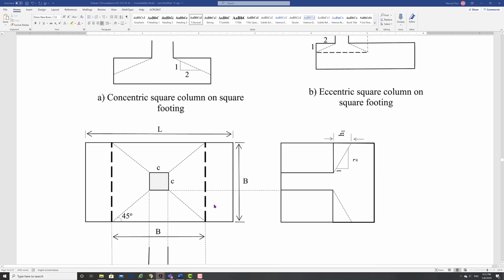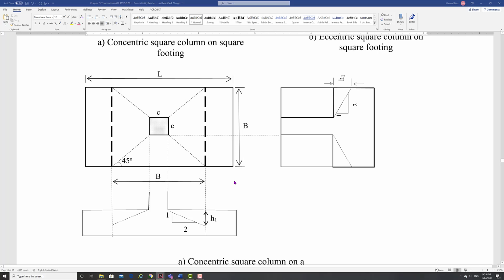Okay? So here's another one, for example, right? This is a rectangular footing. So if you go in this direction, you're going to hit the wall faster than you go in this direction, right? So in this direction, you're going to hit the wall at this point, which is H1. So that means that when you go in this other direction, you have to stop at H1. And so that becomes your area now.